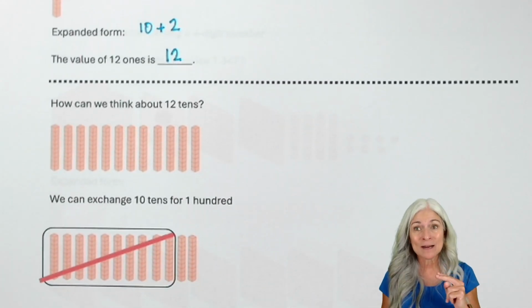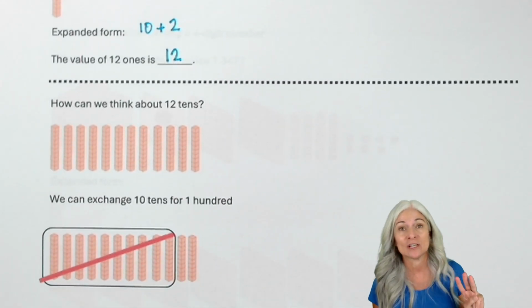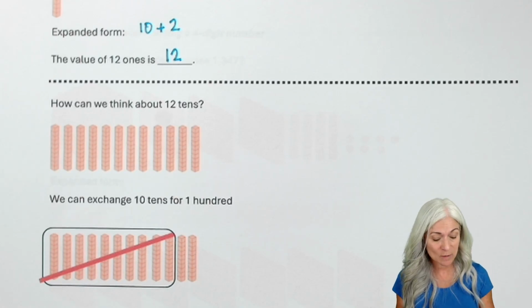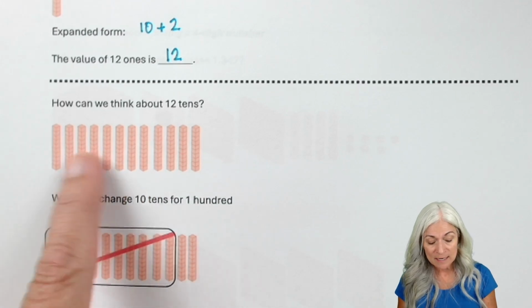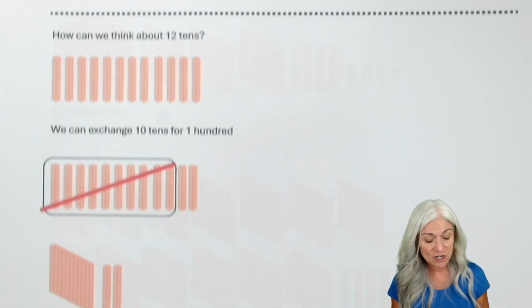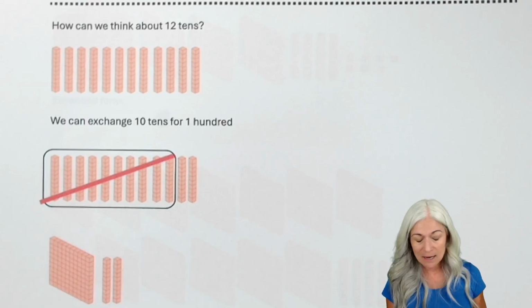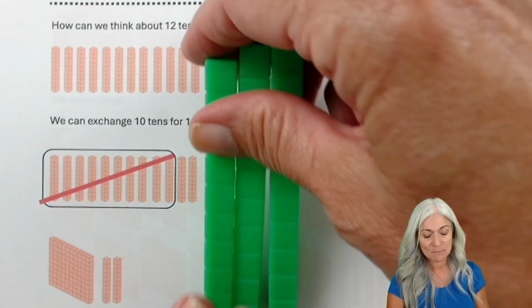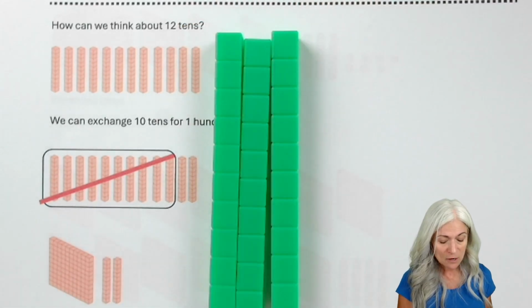Now in second grade, they started thinking about three-digit numbers, like the 12 tens, which is 120. So again, we could take 10 of the tens and exchange it for 100. Now, if your students are having a hard time with this, those base 10 blocks, you don't have to have them, but they are so helpful.